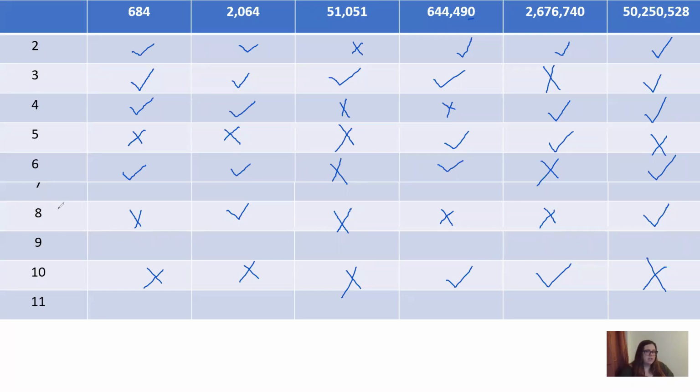7. 7's kind of sounds tricky. You're going to take the last digit, 4, and you're going to double it.